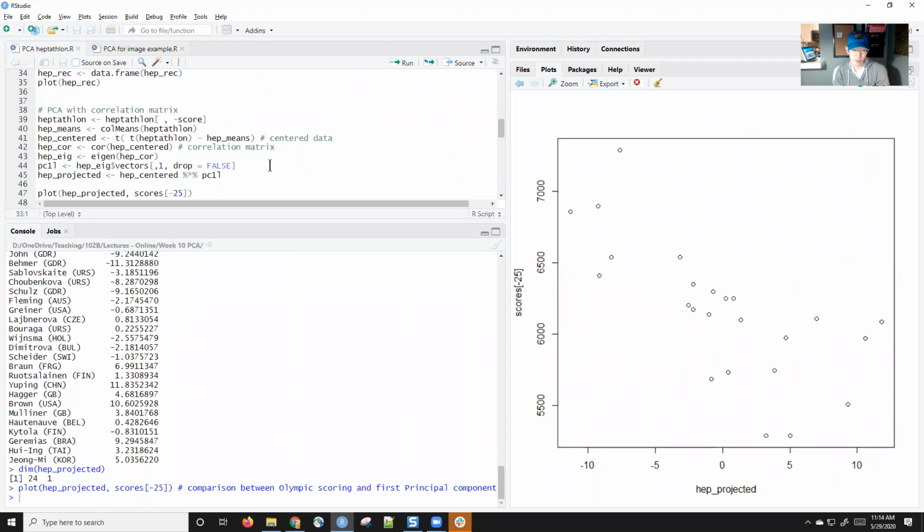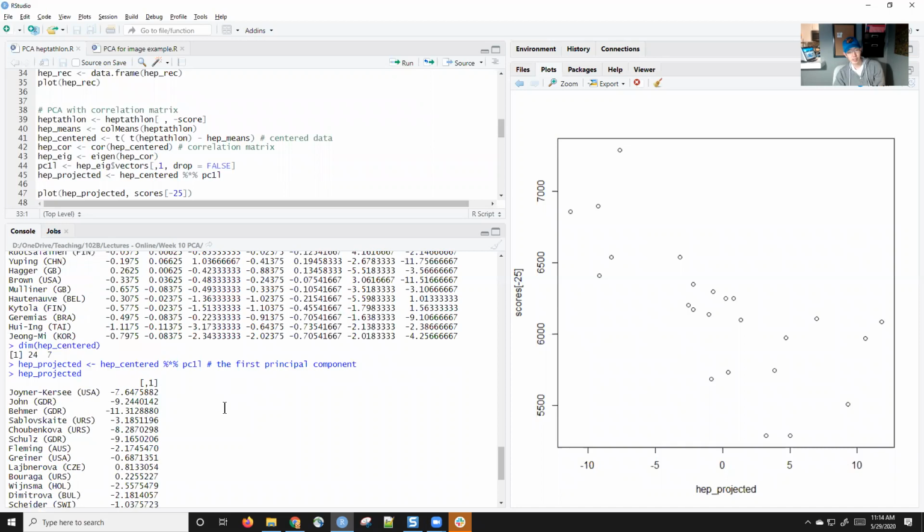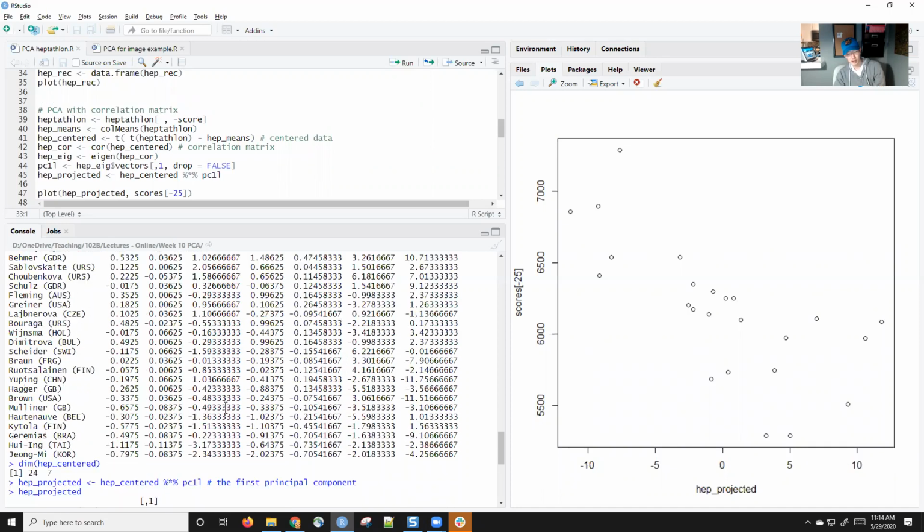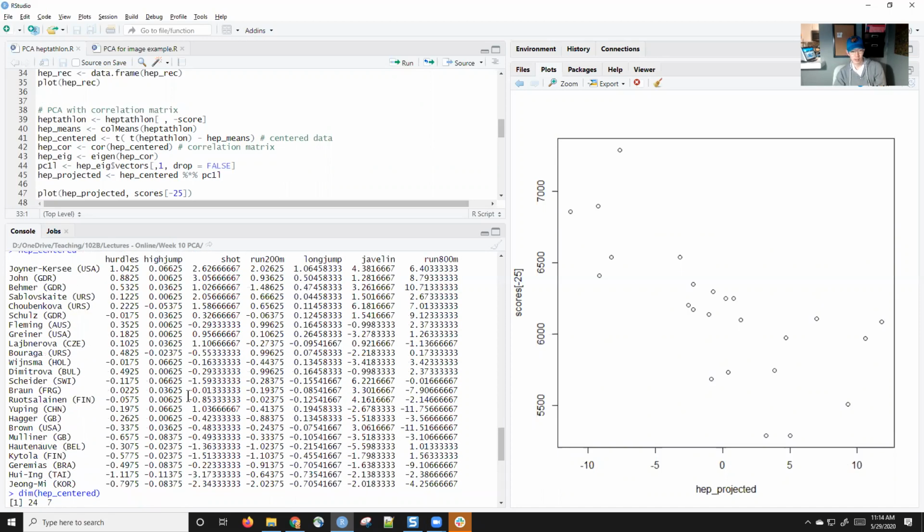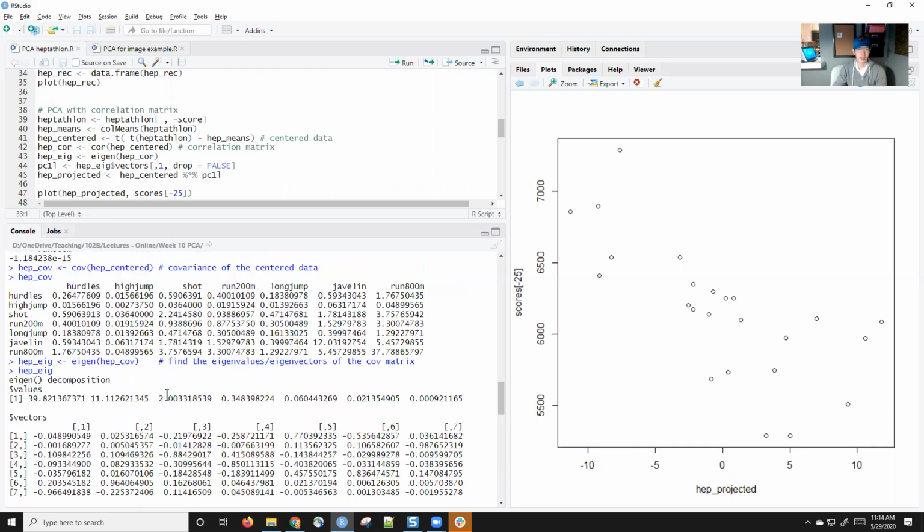Part of the reason for that is that in the original data, the difference between, say, a poor high jump performance and a good high jump performance is very little.